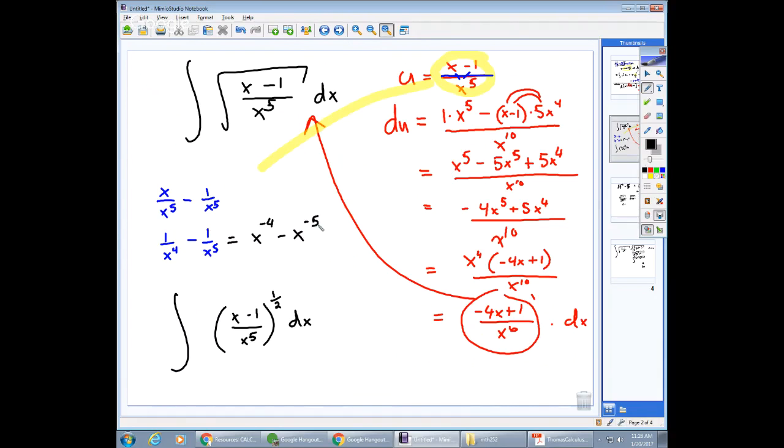Here the lowest power would be, that'll just take us back to where we started, darn it. If we factored out a negative x to the 5th, we would get x to the negative 5th times x minus 1, which we had on that other screen. We could, but I don't think that will help, but let's try it.